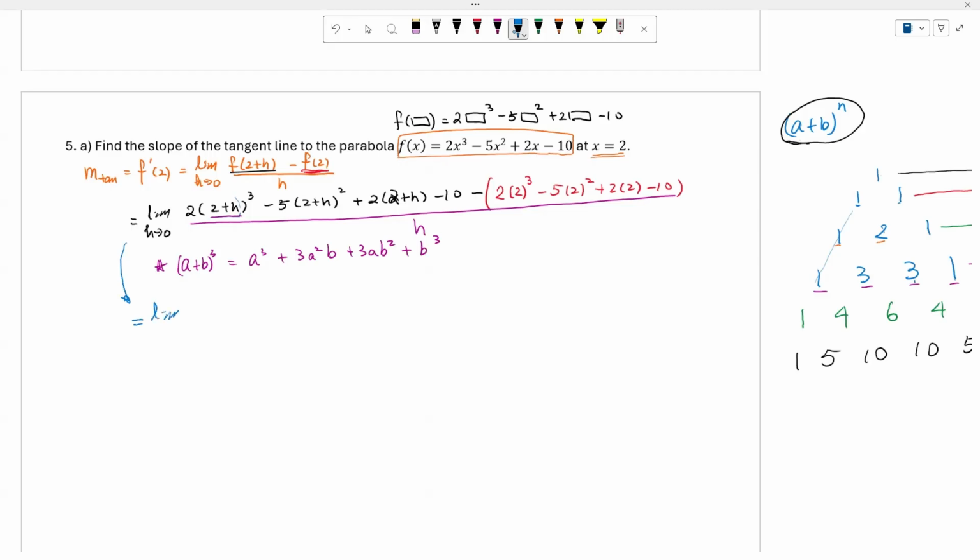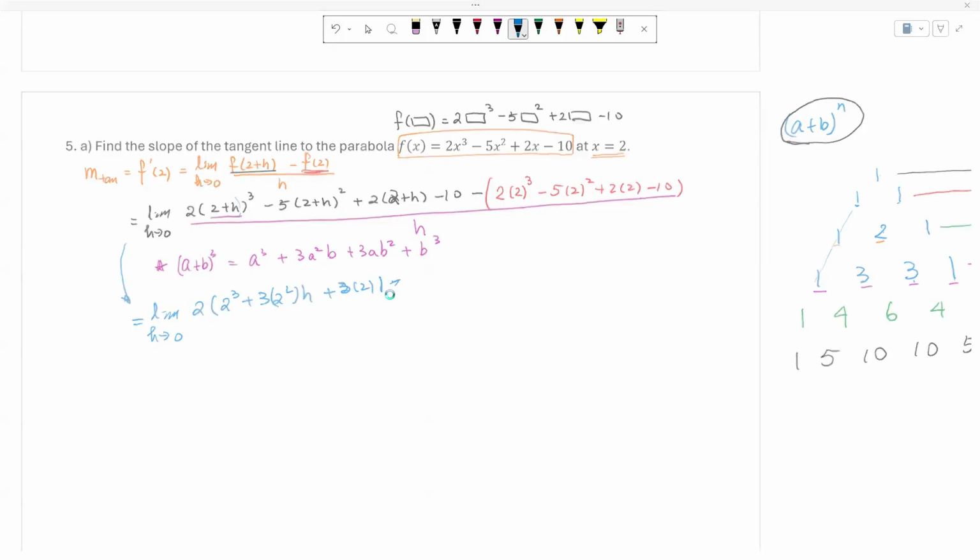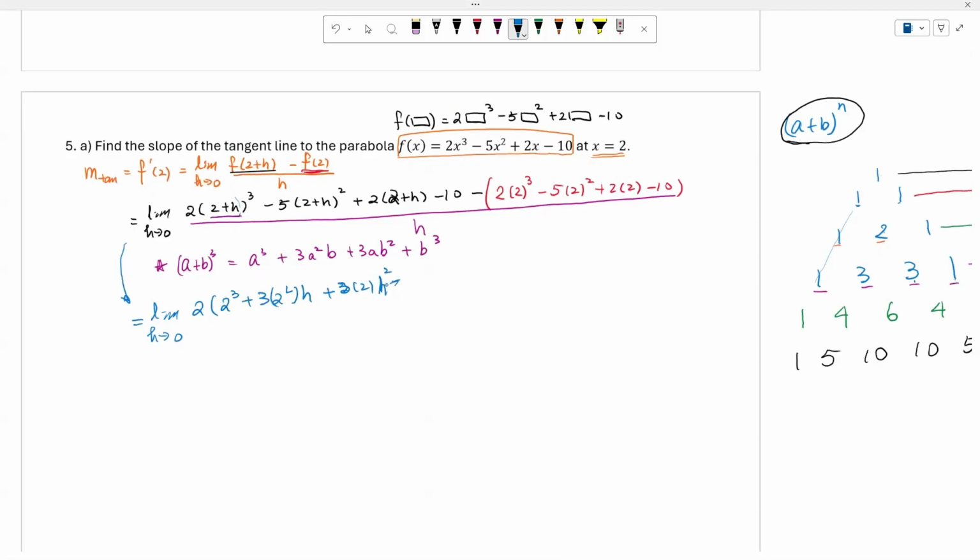Which is equal to the limit as h goes to 0 of 2 to the power 3 plus 3 times 2 squared times h plus 3 times 2 times h squared, and then plus h to the power 3.